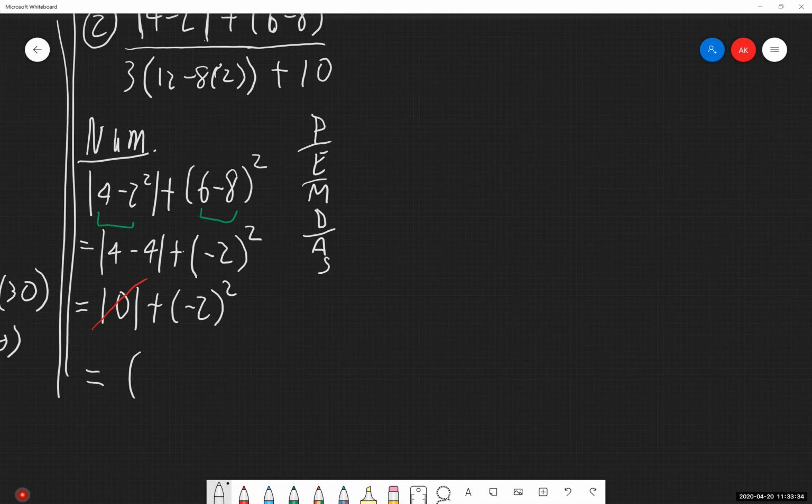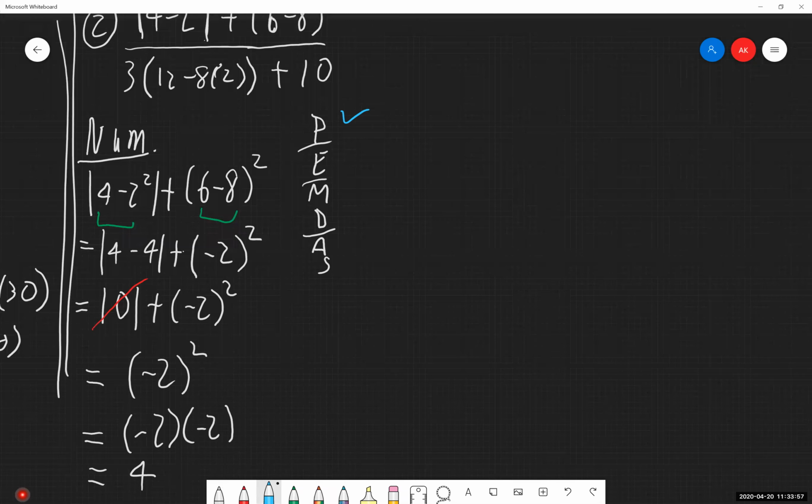And from there, the only thing we have left over is -2 squared. So I'm done with parentheses. I have exponents, -2 squared. It's the same as saying -2 times -2, if you want to expand this out. And then we're going to get a +4 showing up. So look at the exponents, multiplication, division, no addition, subtraction. We're done there. So we have our numerator. The whole numerator simplifies down to just 4.